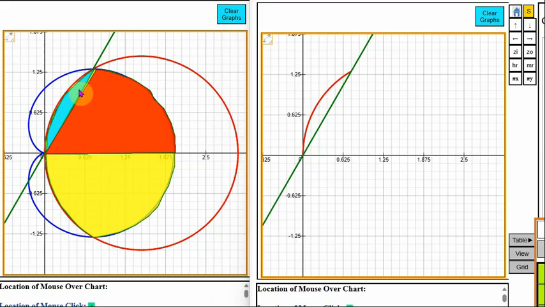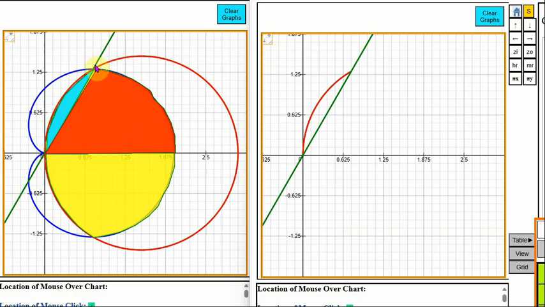To find the area of this region right here, we know that it's bounded by the line theta equal to pi over 3 and this graph, which is the circle. The equation for the circle is r equal to 3 cosine of theta.